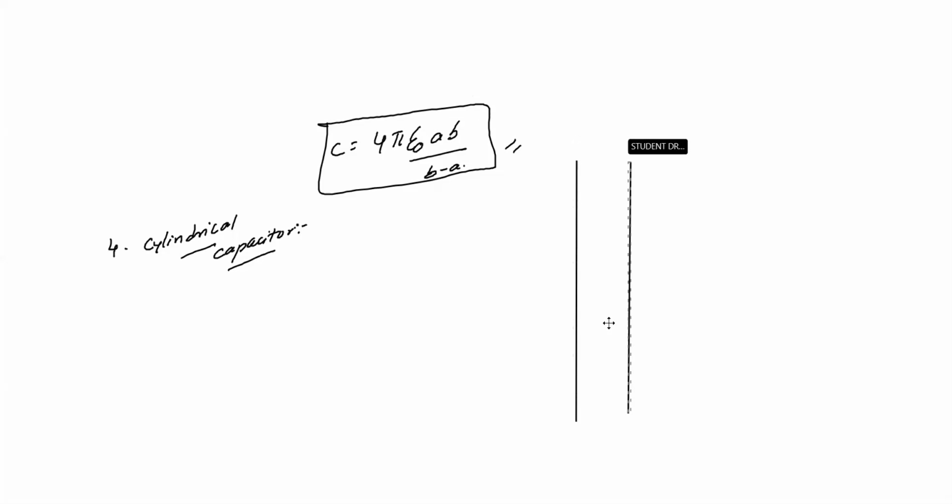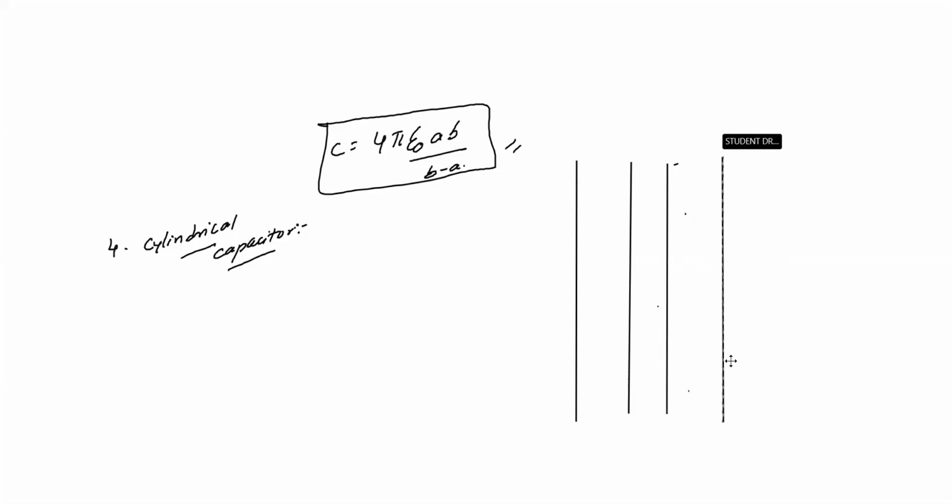Let's see the relationship. So this is your inner radius and this is your outer radius. They'll have concentric circles at the top.